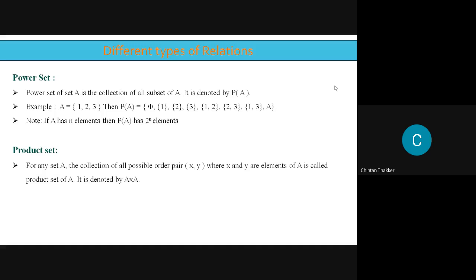If a set A is given, then the collection of all possible pairs x comma y, where x and y are elements of A, is called the product set of A. It is denoted by A cross A. Symbolically, A cross A is the set of ordered pairs x comma y such that x and y belong to A.